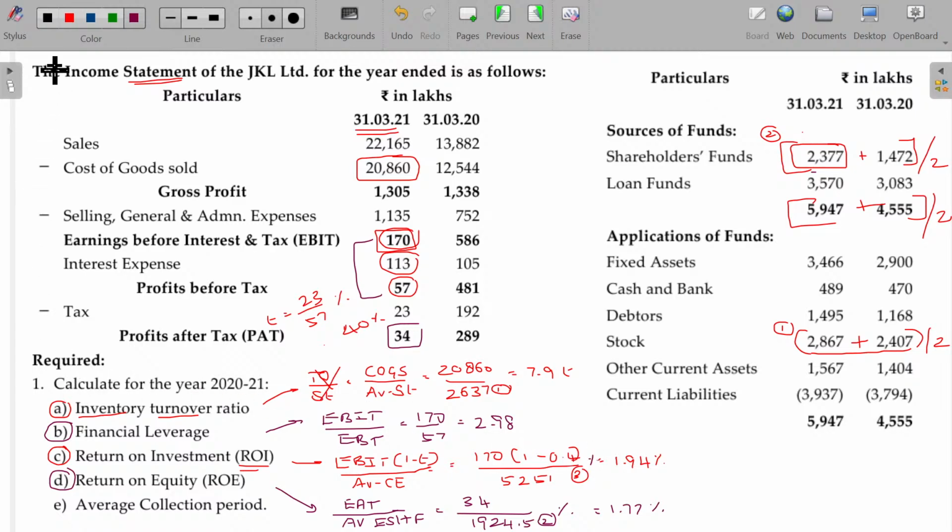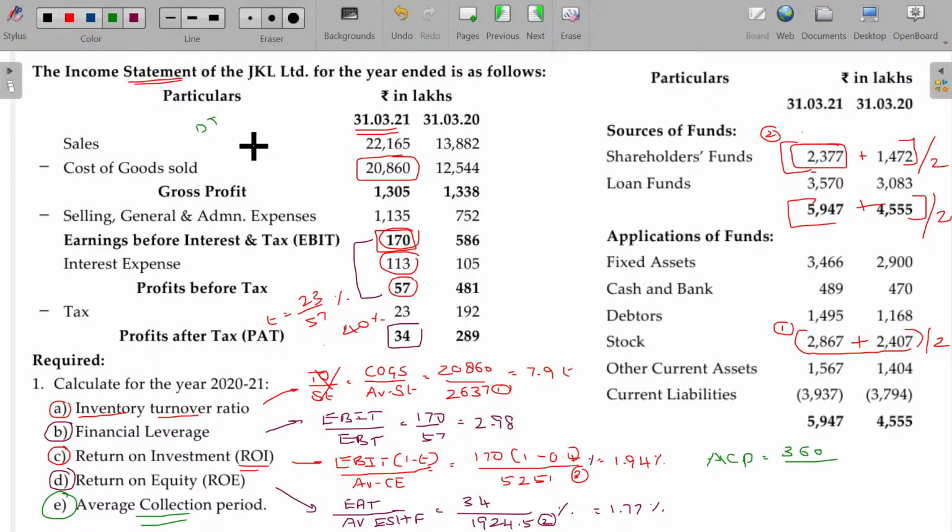And finally, you have to calculate the ACP, average collection period. Days or months in a year divided by debtors turnover ratio. So ACP is equal to days in a year, otherwise 360 days, divided by debtors turnover ratio.